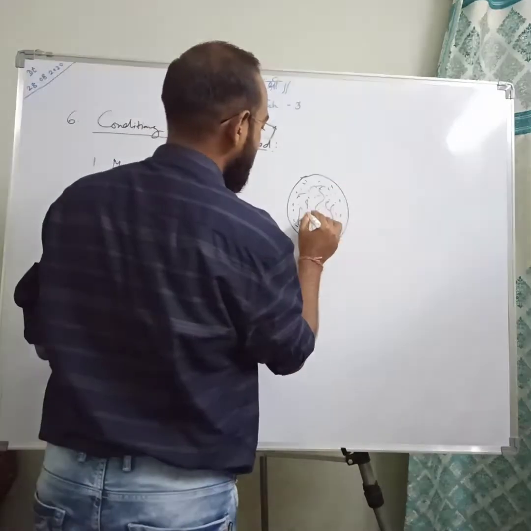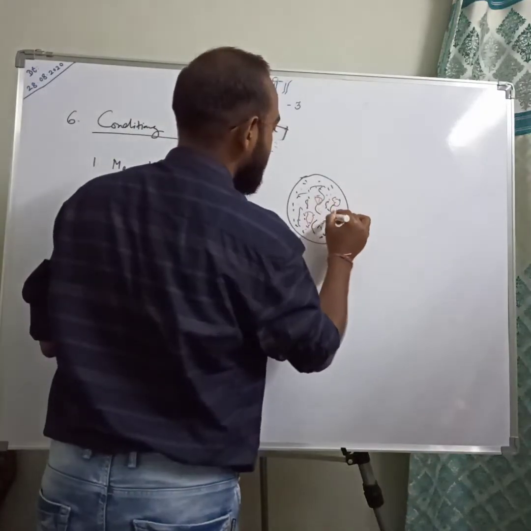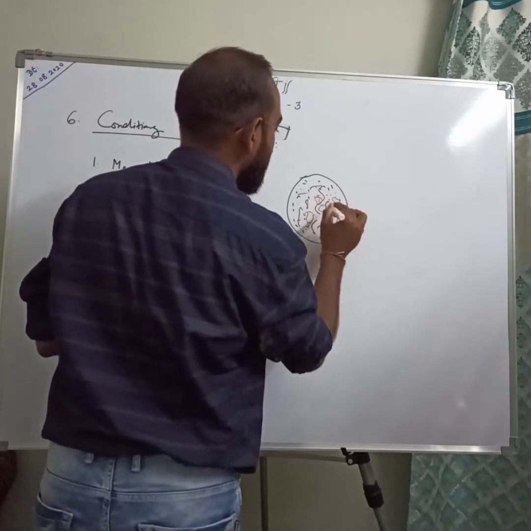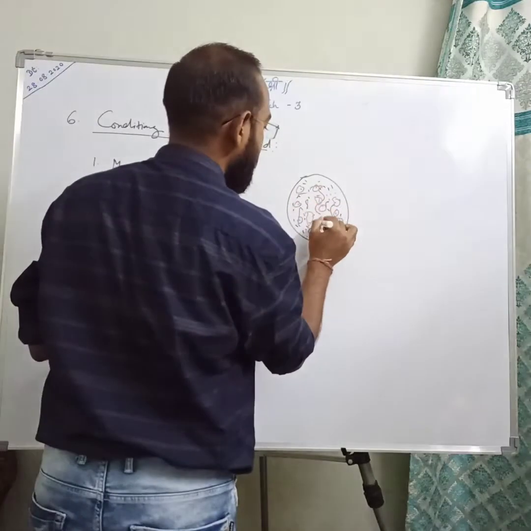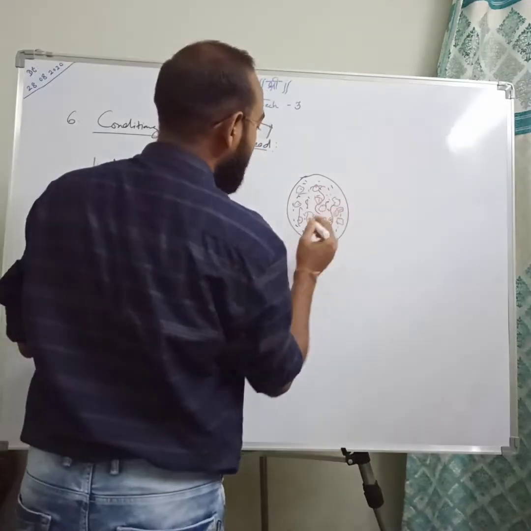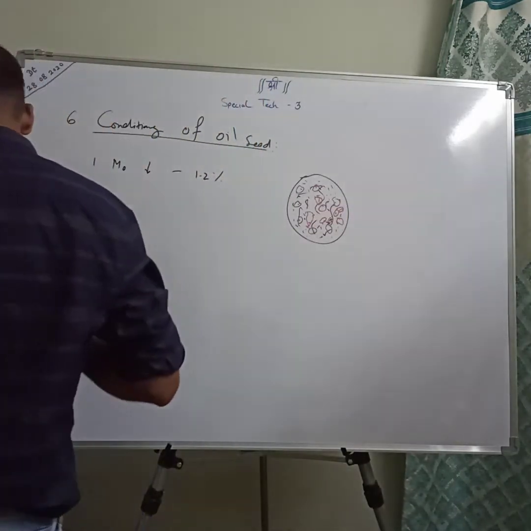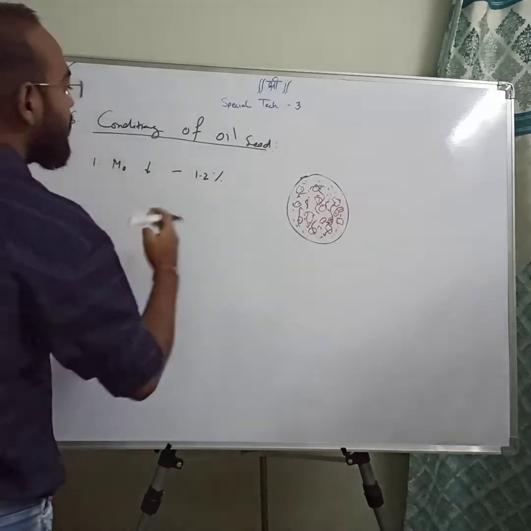This is just like oil cells which contain oil, and it also contains some amount of moisture inside the seed, only 1 to 2%.